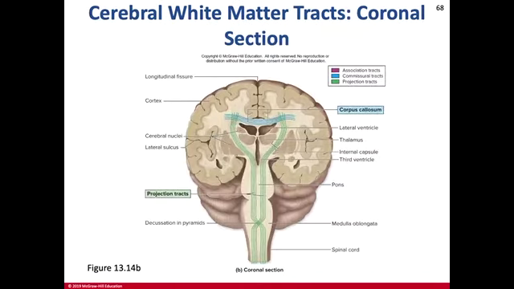And you can see here what the projection tracts look like. They're highlighted in green. And you'll see that in a lot of these projection tracts, you cross over in an area known as the medulla oblongata, a location called the decussation of the pyramids, all right?